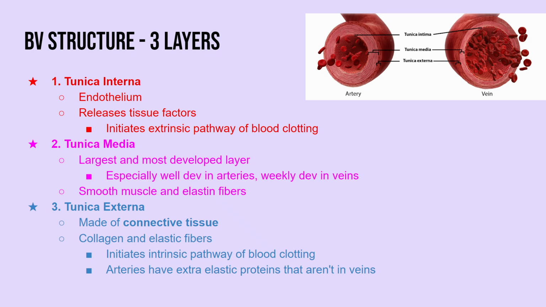This is smooth muscle and elastin fibers. And then the tunica externa is connective tissue, like collagen that helps the structure of the vessel. And arteries have extra elastic proteins that aren't in veins, which may help decrease compliance.